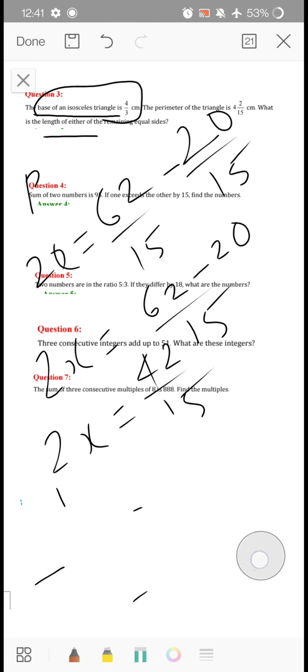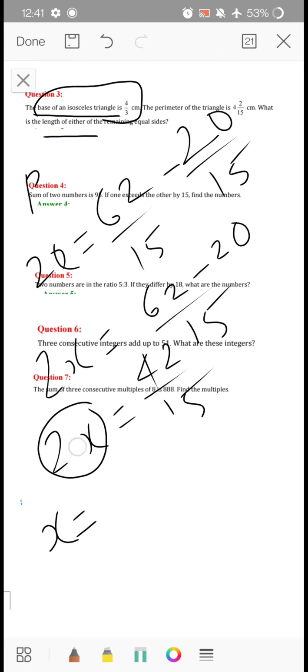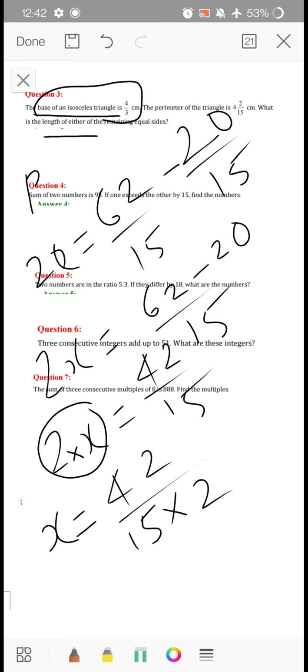Now as we want the value of x, we will transpose this 2 to the other side. This 2 and x are in multiplication, so if you transpose, then it will be in division. The 42 upon 15 will remain as it is. Simply you will transpose this 2.